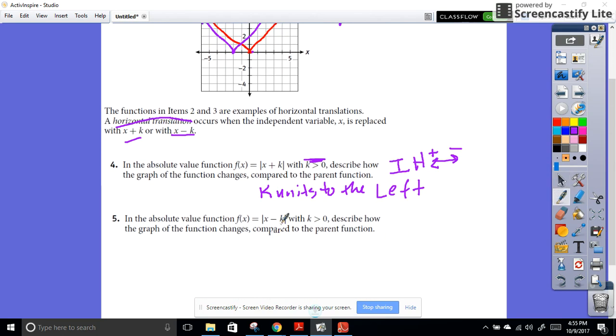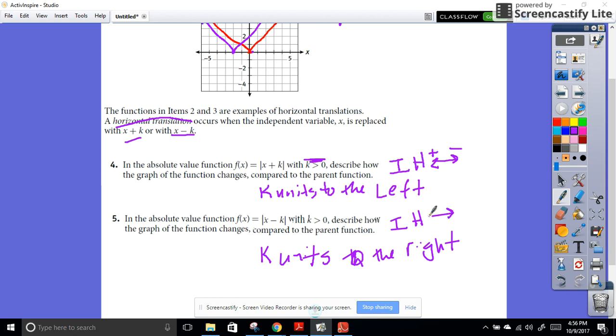If it's negative, then that means we've moved k units to the right. Why? Because if it's inside and it's horizontal, plus and minus, if we see minus, it means it moves to the right.